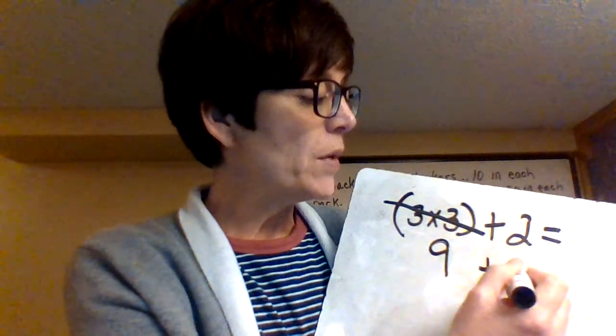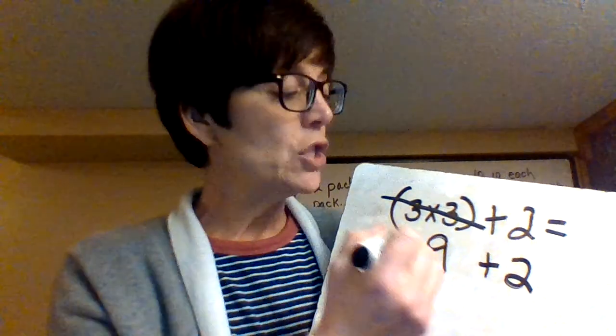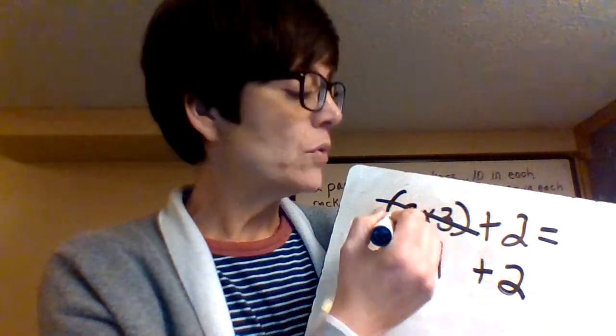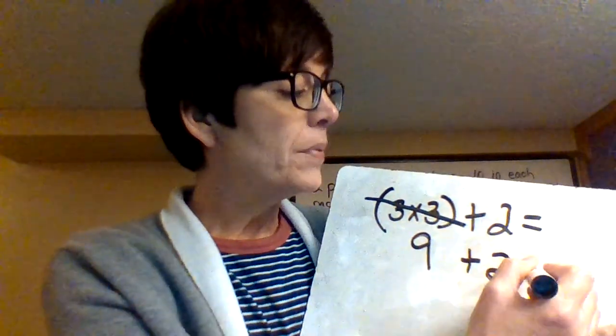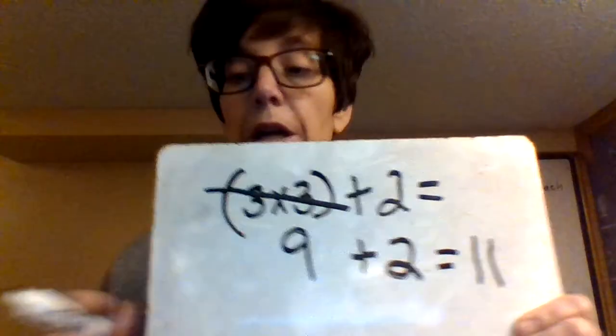Then I'm going to finish the rest of my problem. That plus 2. 3 times 3 is 9. Sorry, 3 times 3, not 3 plus 3. 3 times 3 is 9, plus 2 equals 11. Right?